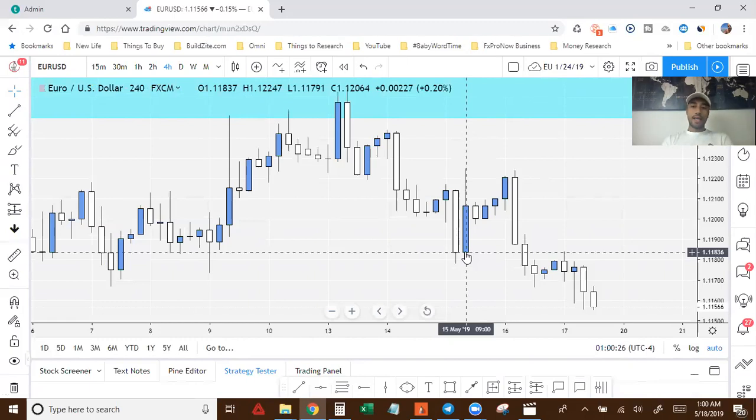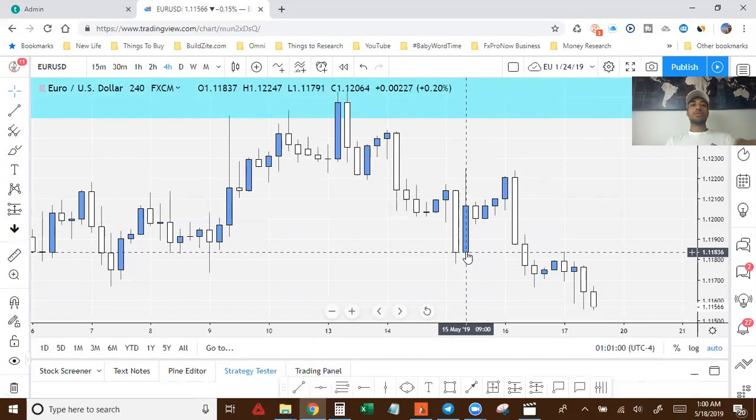And if you were to go over here, where it says O, it's not a zero, it's O, 1.11837, so it's just more accurate. So that was the opened price, meaning the candle opened at that time, the 15th of May 2019 at 9 a.m., at that price.